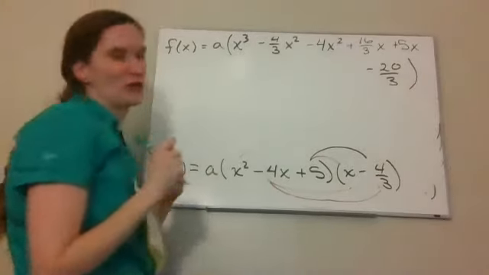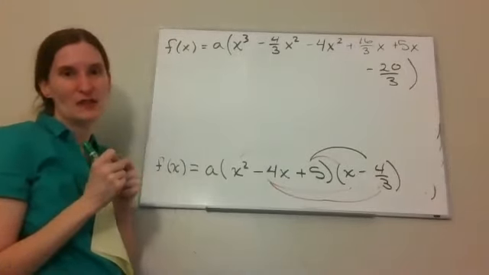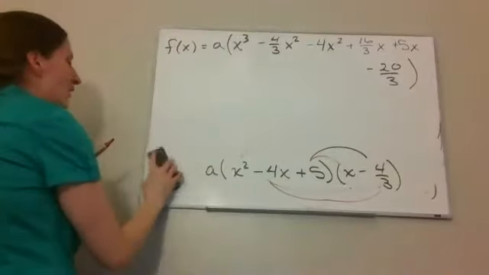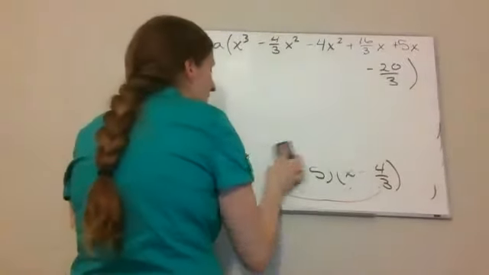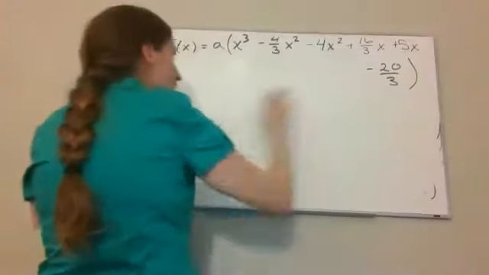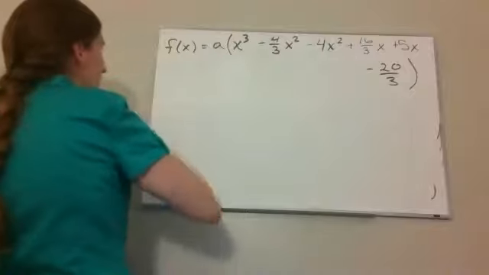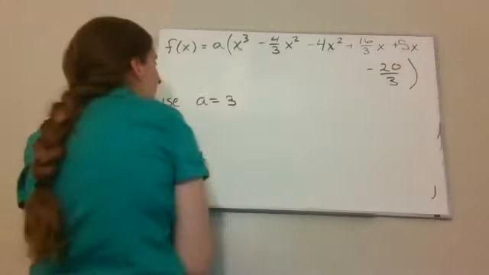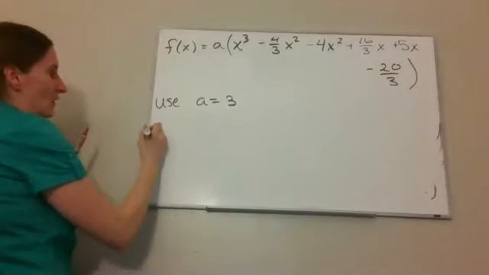And you can see we're not going to have integer coefficients. But what we can do to take care of that is think about what we would have to multiply by to get rid of all those fractions. All of the fractions have a 3 in the denominator. So if I use a equals 3, that will get rid of all of my fractions.